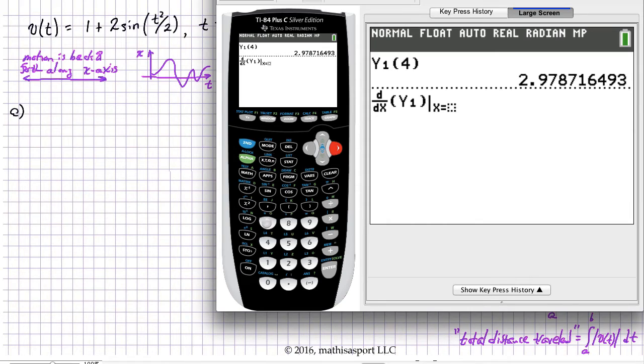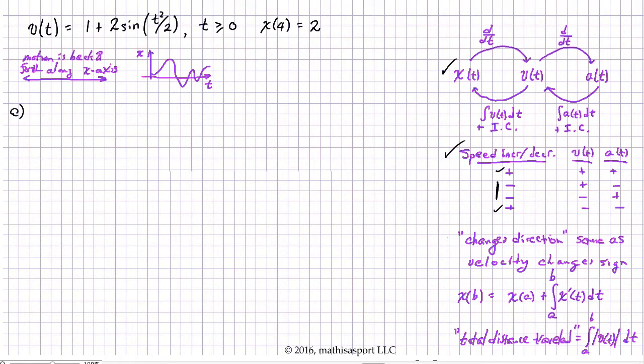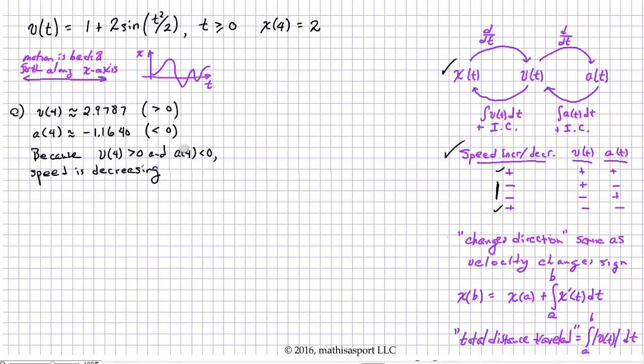And we're also interested in knowing what acceleration, the derivative of velocity, is at time t equals 4. It's a negative number, negative 1.164. So that allows me to write this all up as follows. Namely, because the velocity is positive, the acceleration is negative, the speed is decreasing.